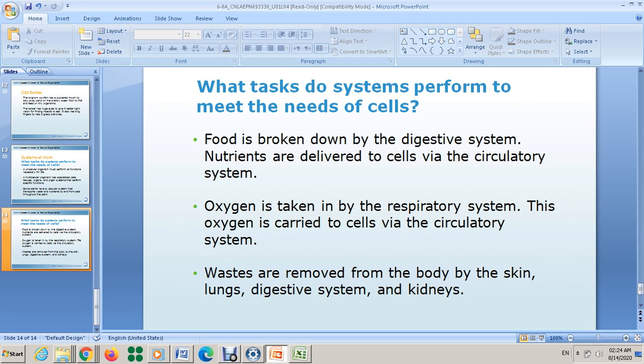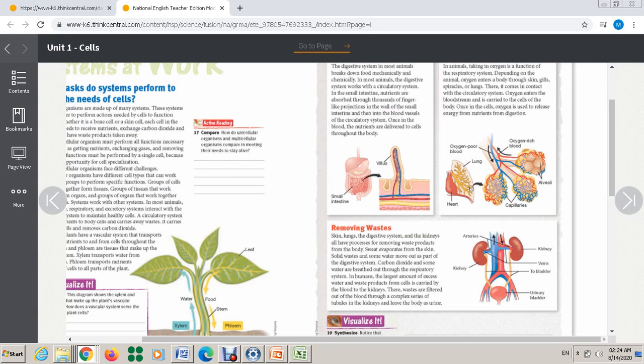Here, as you see in your book, page 47, I'll show you these figures. Always keep in mind that the structure is related to the function. If you look at the small intestine, we said it is the place where the nutrients are absorbed and go through the bloodstream to the body.